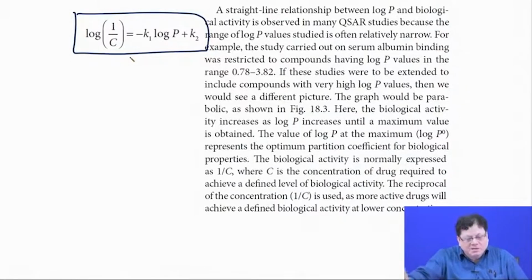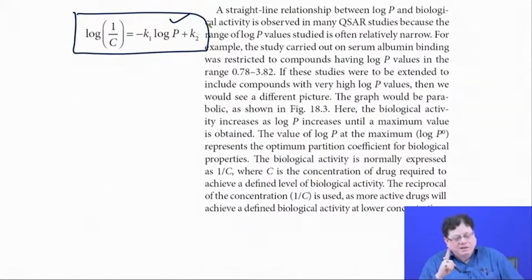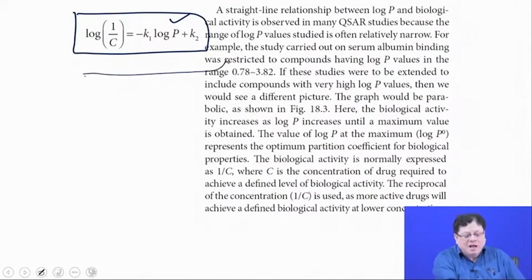Initially they just disregarded the electronic and the steric effect. They only thought that partition is the actual factor that will decide the biological activity. So they had a relation like this: log 1 by C equal to minus k 1 log p plus k 2.